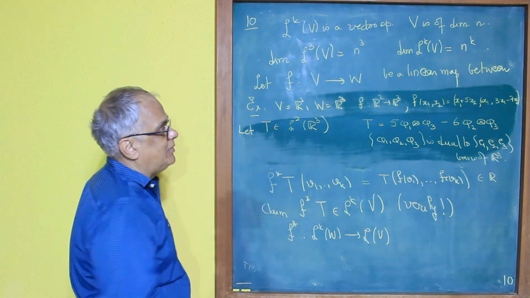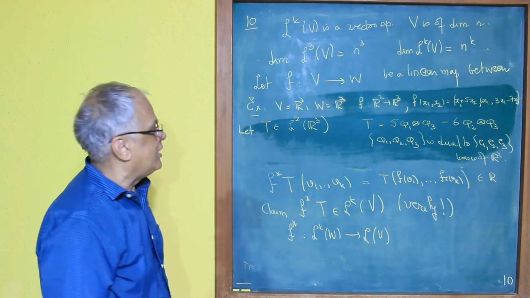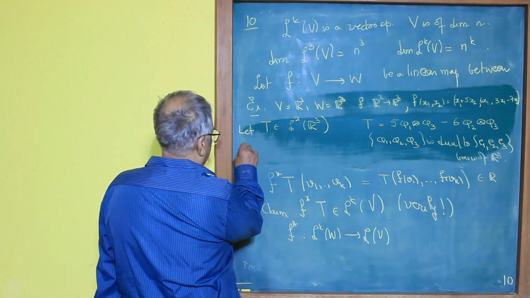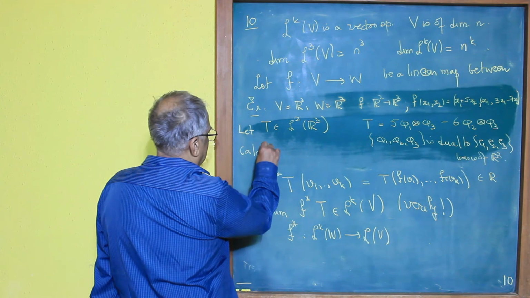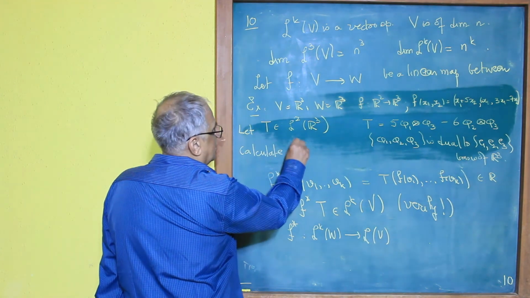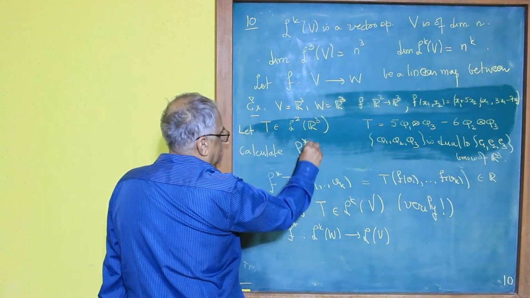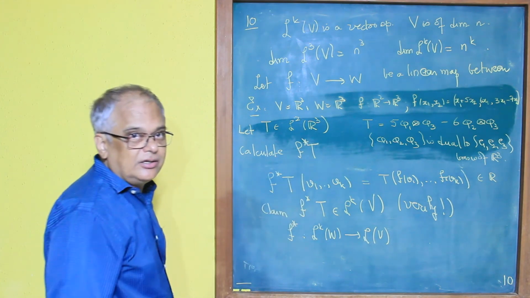So I've given you a linear map between R2 and R3, and I've given you an element in L^2(R3). My question is to calculate f star T. Where is f star T going to be?